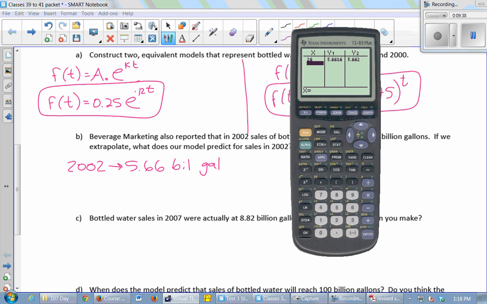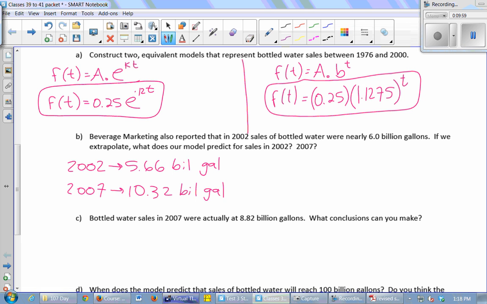And in 2007, I should plug in 31. I get 10.32 billion gallons.